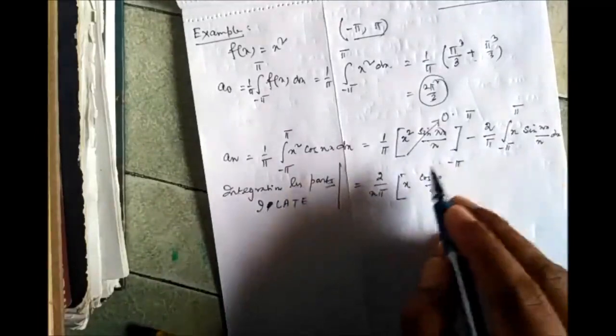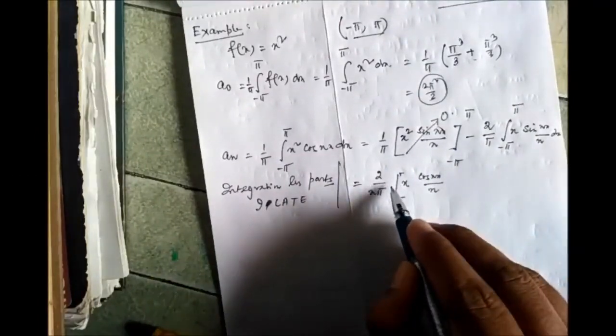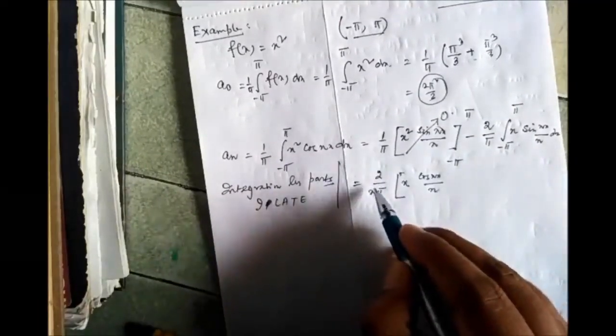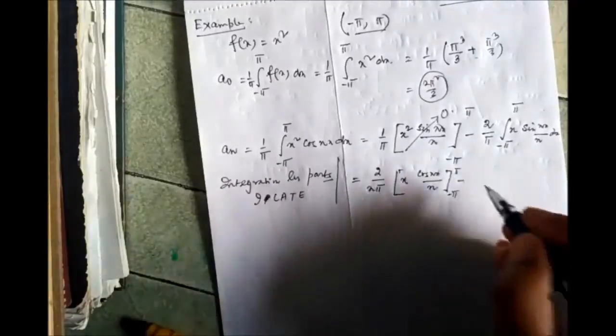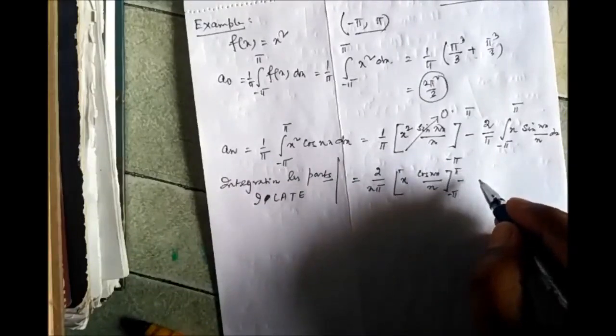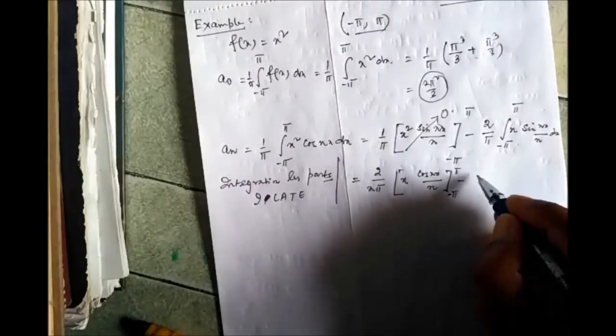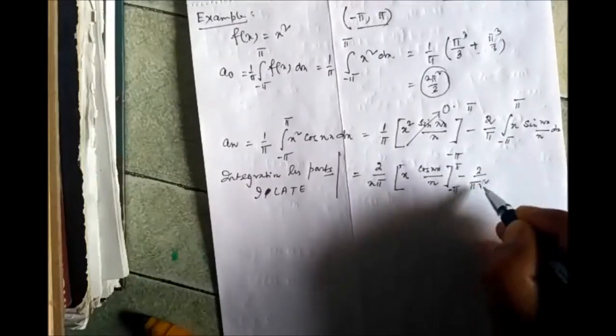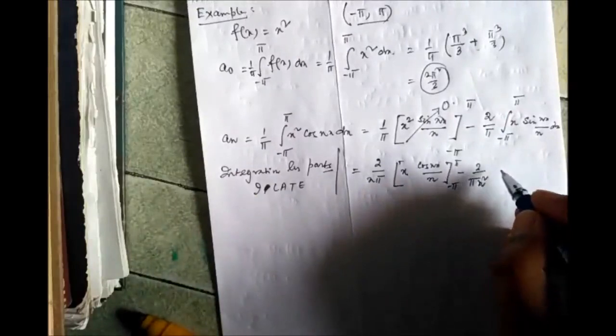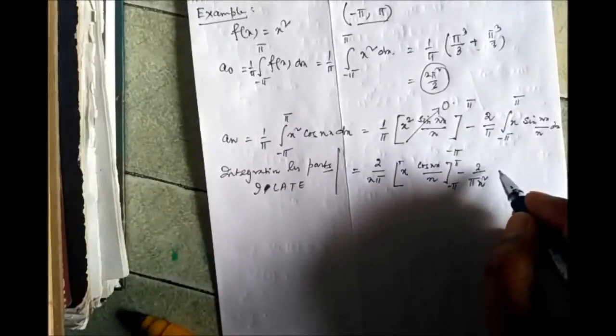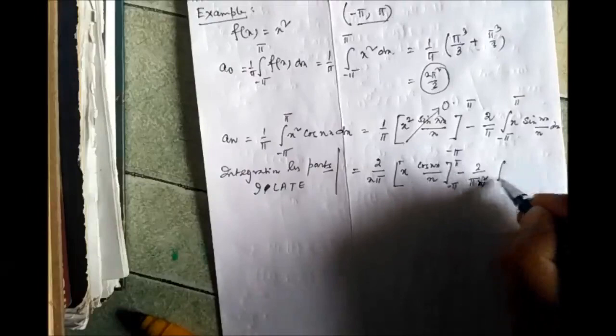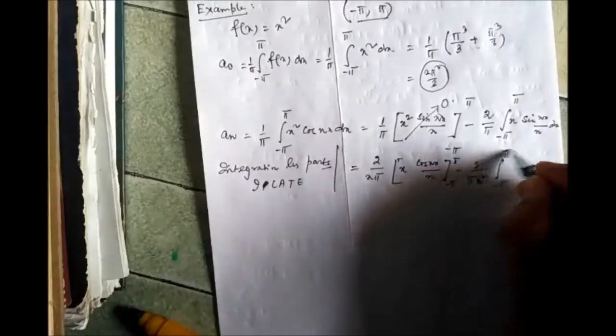There is a negative sign here, so these two negatives cancel out each other, and minus 2 by pi n square, integration from minus pi to plus pi.